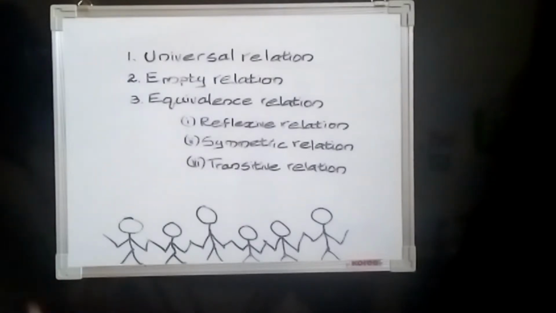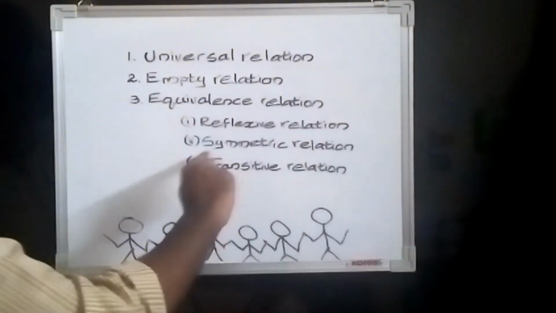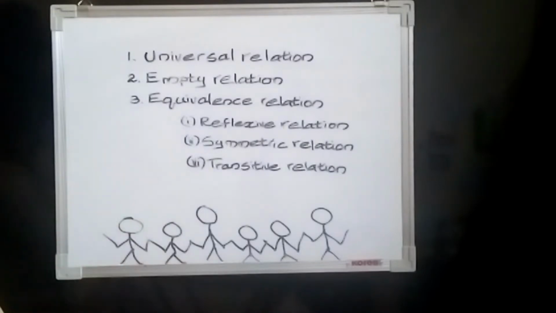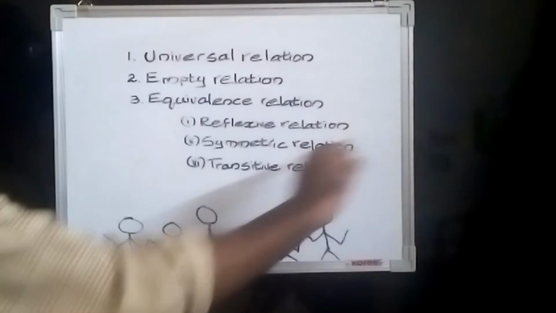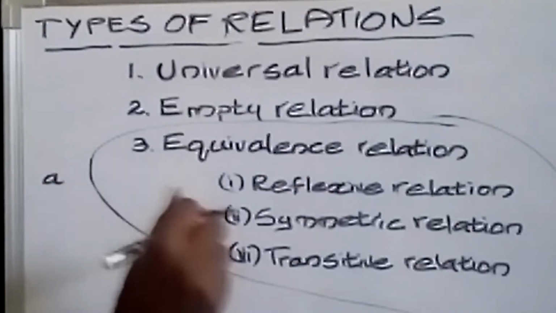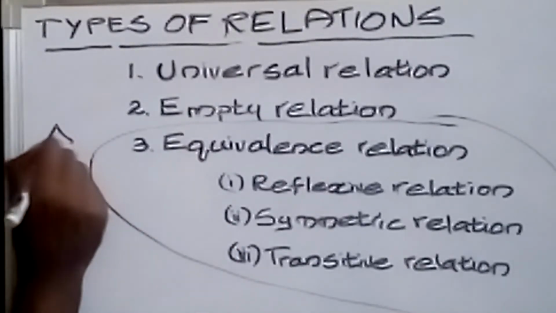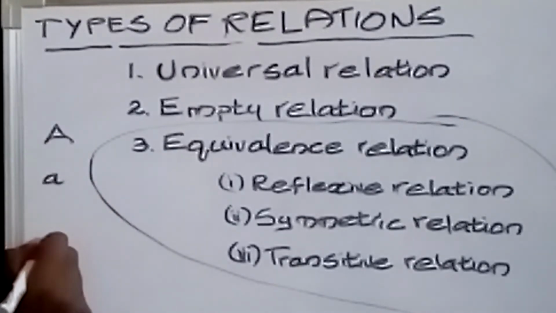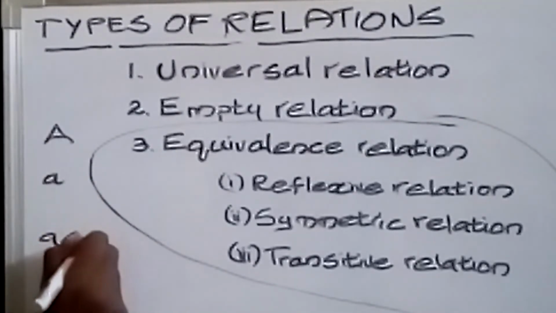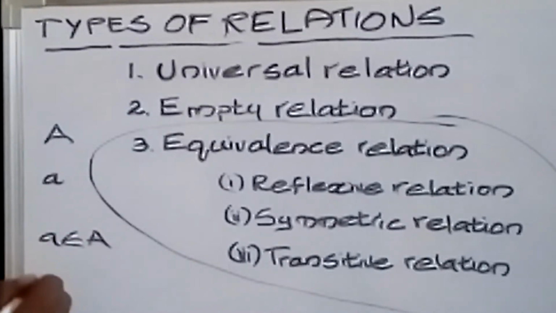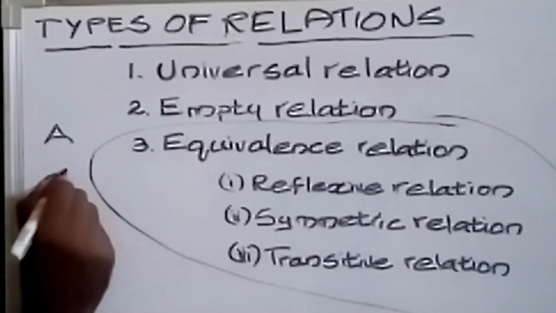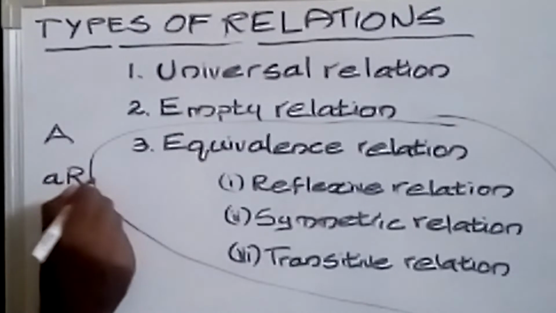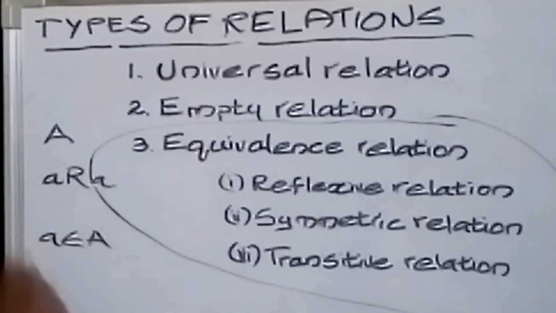Now we are going to study in detail what an equivalence relation is. Thus we have to discuss what a reflexive relation, what a symmetric relation, and what a transitive relation is. Let us start with a reflexive relation. Every element a belonging to the set capital A is related to the element a itself.